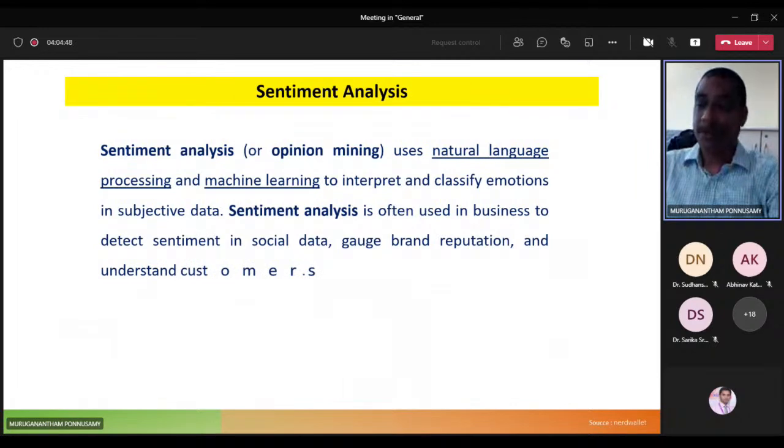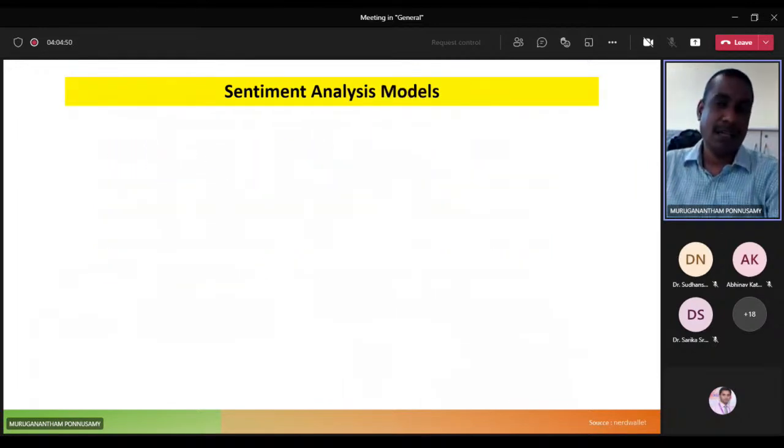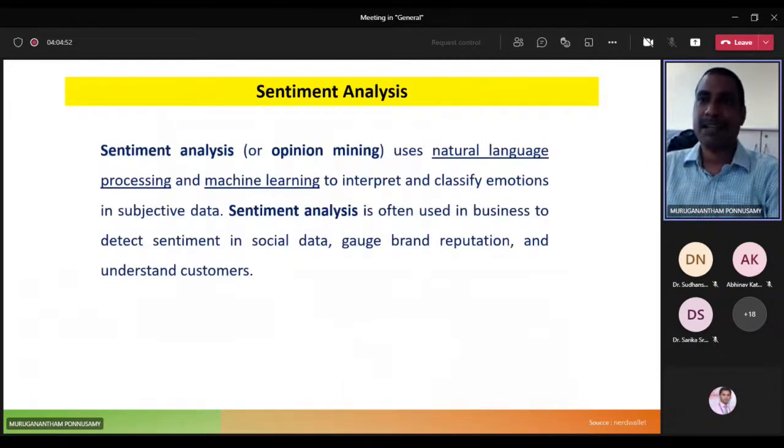It might be on a 5-point scale, very good, good, average, poor, very poor, or a 3-point scale, opinion maybe. Again, it is a technology called NLP. Of course, ML is also there. This is to interpret and classify the individual's emotion.